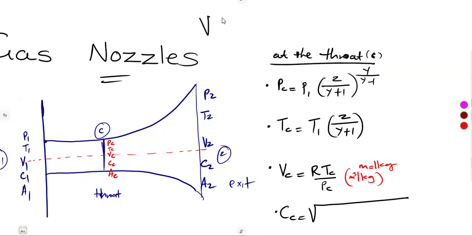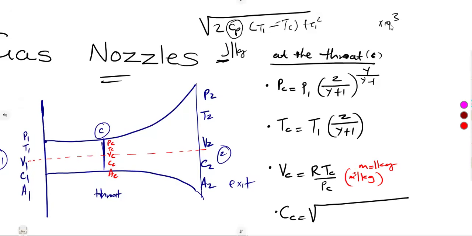The formula is the square root of 2 CP into T1 minus TC plus C1 squared. The specific heat capacity there is supposed to be in joules per kilogram. To obtain that, we must multiply by 10 to the exponent of 3.